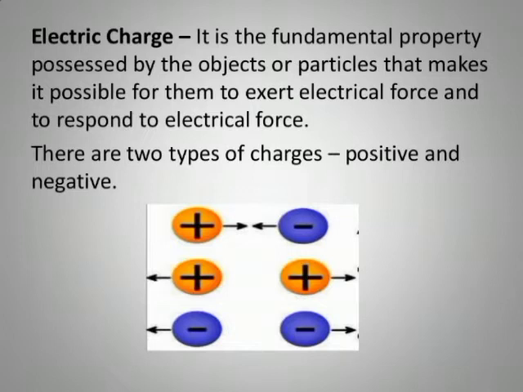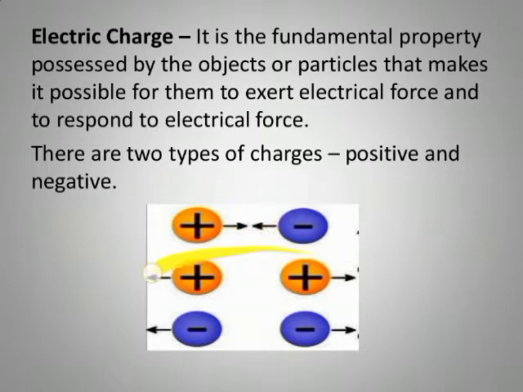If I consider the electron, it has a charge on it because it exerts electrical forces. It has a negative charge. And a proton in the nucleus of the atom has a positive charge. These are the charges possessed by the particles. A positive and a negative charge attract each other, and that is why you can see the arrow marks pointing this way.